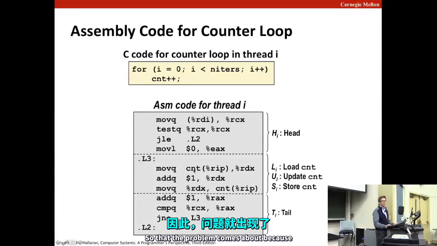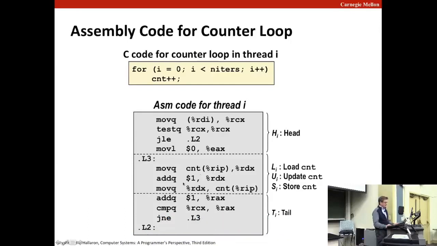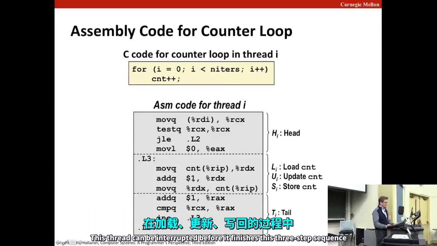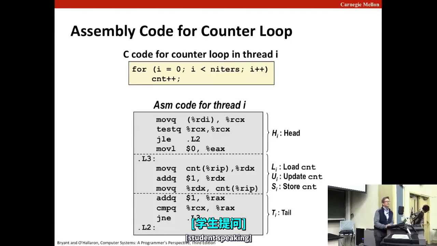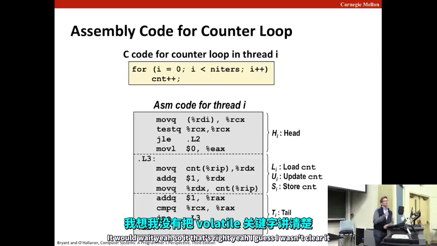So the problem comes about because this thread can be interrupted before it finishes this 3-step sequence, this load, modify, store sequence. Yes? The volatile keyword doesn't actually prevent things from being stored in a register. It just means that every time you store it, it goes to memory. Yeah, that's right, I guess I wasn't clear.